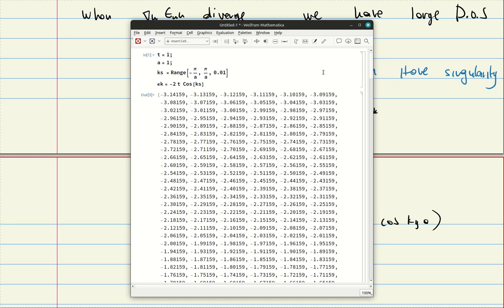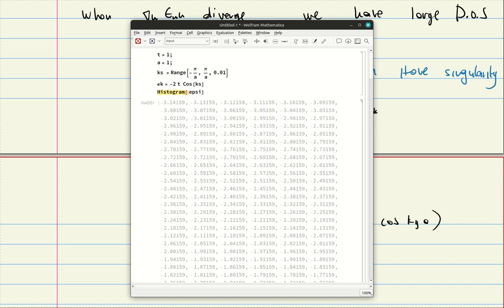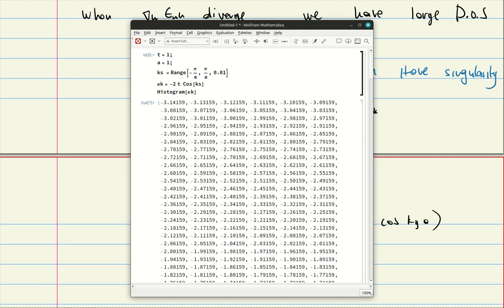Okay, it seems to be working. And now the question is, how do I see the statistics of these energies? You histogram it, right? You just divide the energy into bins, and you take epsilon of k. Let me see if that works. It worked here.